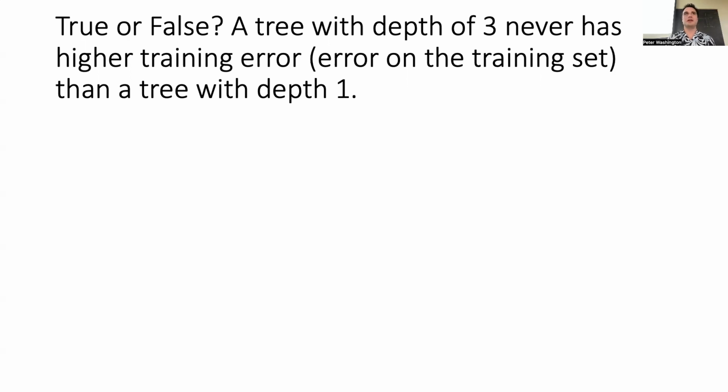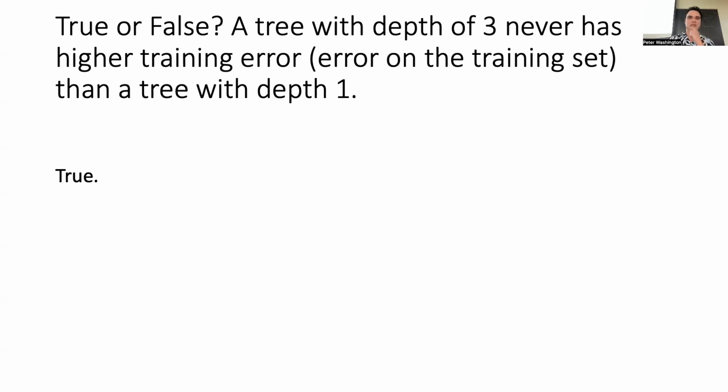It might have equivalent training error, but never more than a tree with a depth of 1. Yes or no? And that's just on the training set, not on different test data. Okay, who thinks true? Who thinks false? Okay, so the answer is true.